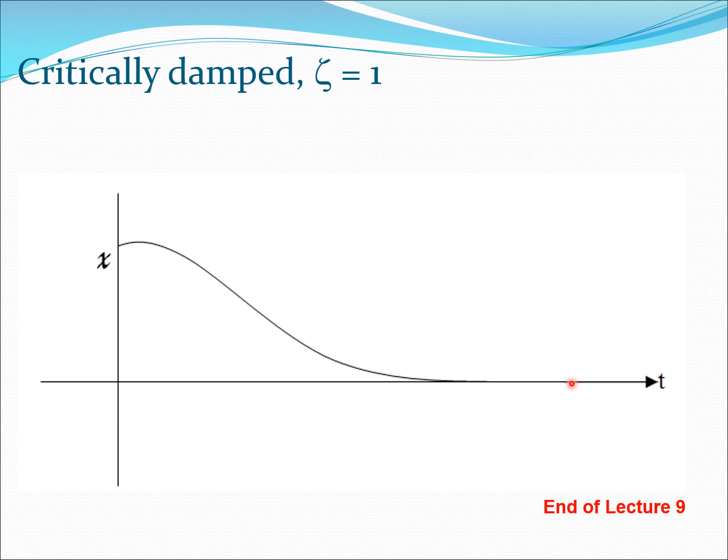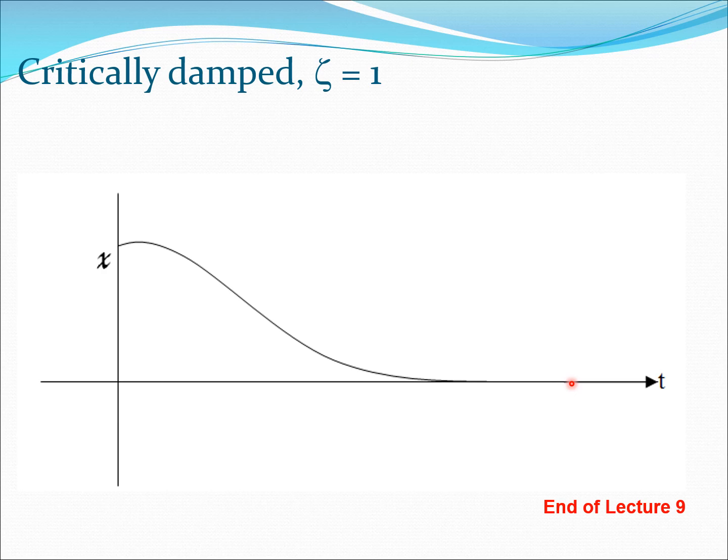It's at the border of the underdamped system and the overdamped system. And therefore, this is a point where the oscillatory motion switches to the non-periodic motion. So that's the turning point here.